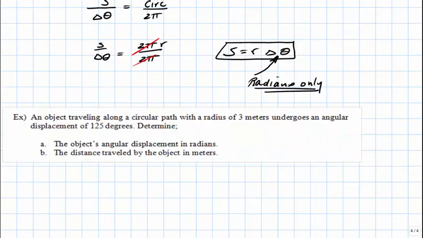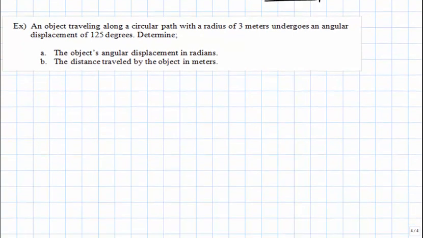We will now evaluate the following example. In this example, an object traveling along a circular path with a radius of 3 meters undergoes an angular displacement of 125 degrees. Determine the object's angular displacement in radians. So let's take inventory of what is known.